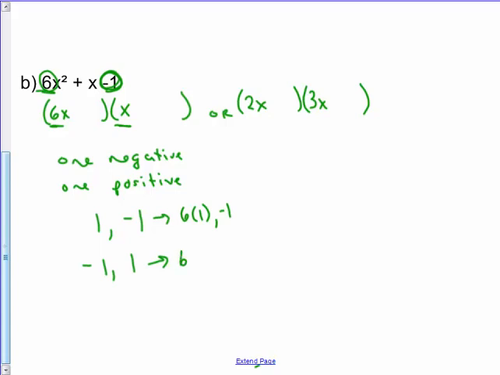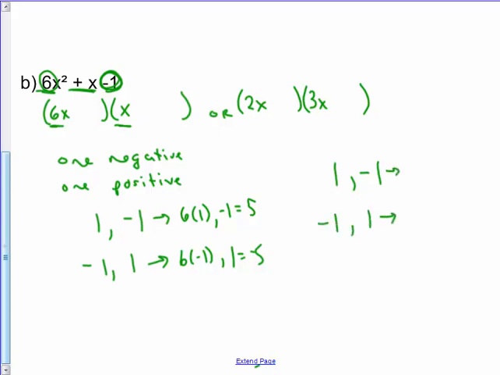When I do that, notice it could be 1 or negative 1, or it could be negative 1 and 1. For each of those, I get 5, I get negative 5. Nope, that doesn't work. So now I'm going to try 1 and negative 1, or negative 1 and 1.